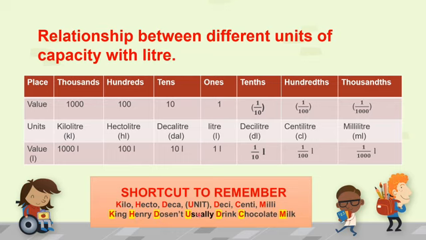Usually is supposed to be your unit, whichever metric measure you're dealing with. Since you're talking about capacity over here, you'll be talking about liters, and then drink D, deci, chocolate C, centi, milk M, milli. So King Henry doesn't usually drink chocolate milk says kilo, hecto, deca, then your metric measure unit, deci, centi, milli.